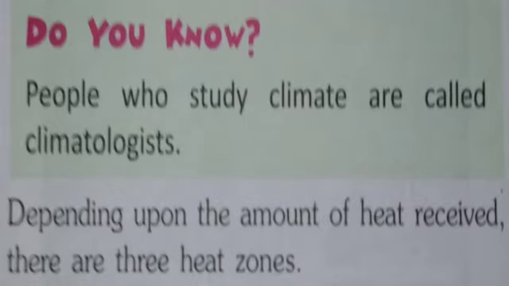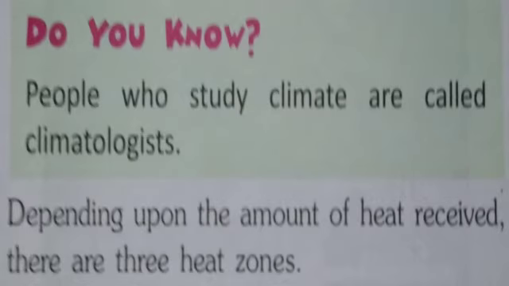Do you know people who study climate are called climatologists? Earlier we had learned the people who study weather conditions are called meteorologists and the people who study climate are called climatologists.